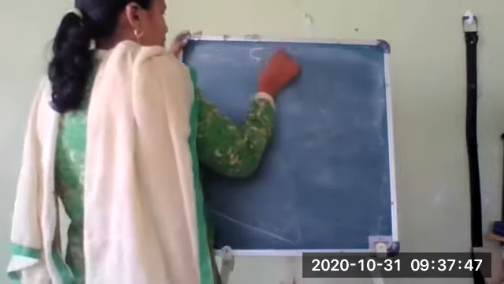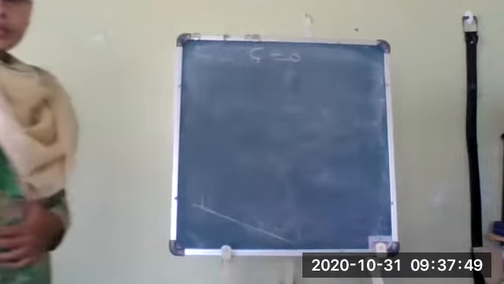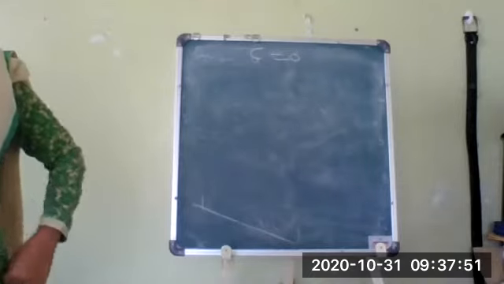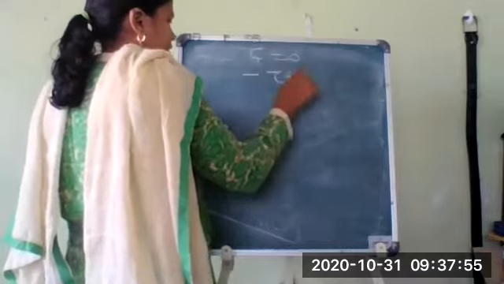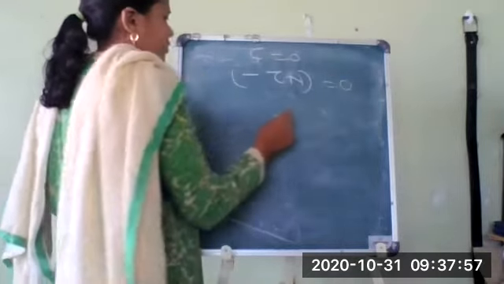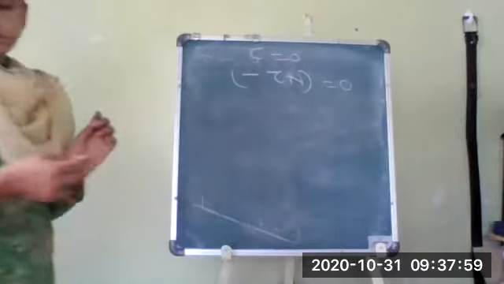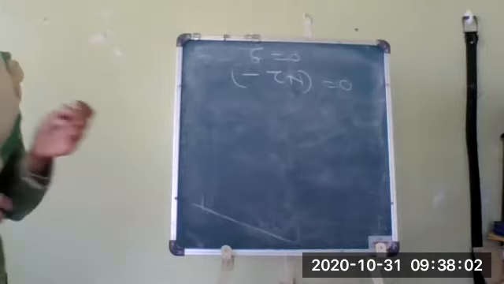Okay, so let us go for the converse part. What is the assumption in the converse part? We will assume that torsion tau is equal to 0. Torsion tau equal to 0 means minus tau into n is also equal to 0, which means that b dash will be equal to 0.